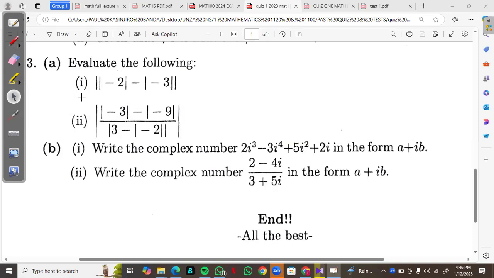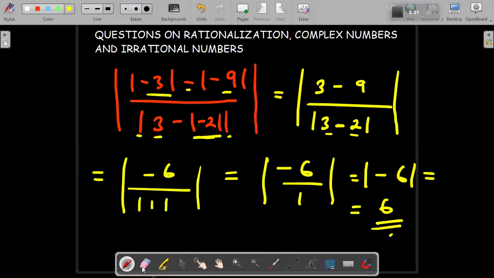The next question is dealing with complex numbers. It says write the complex number in the form a plus ib. So how do we look at complex numbers? When we're dealing with complex numbers, we have the symbol i, which is introduced.